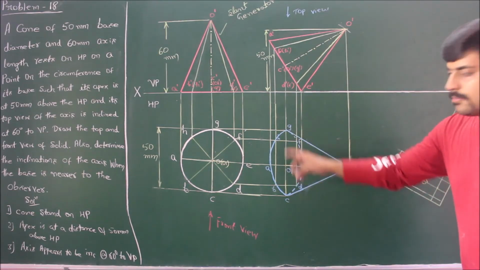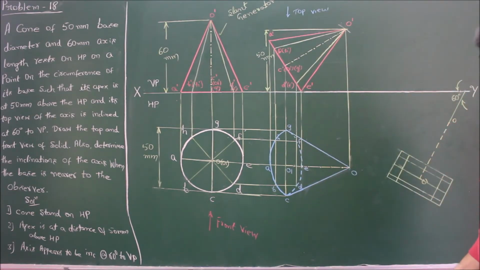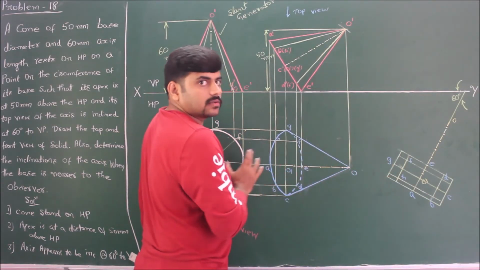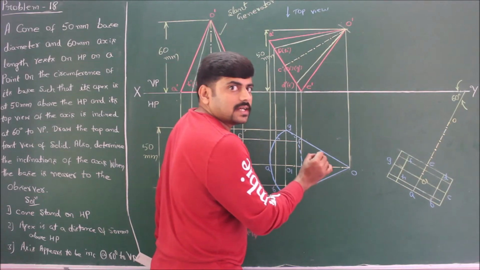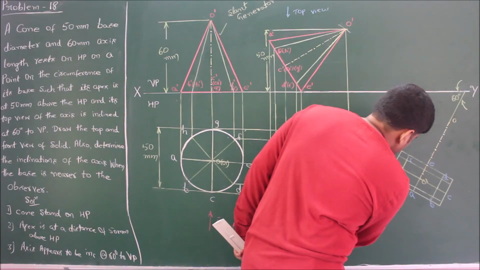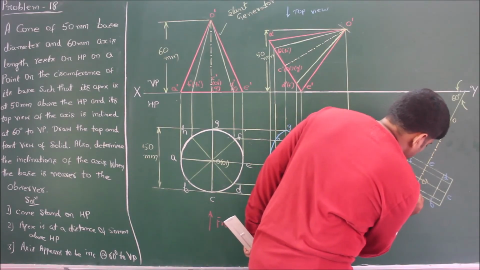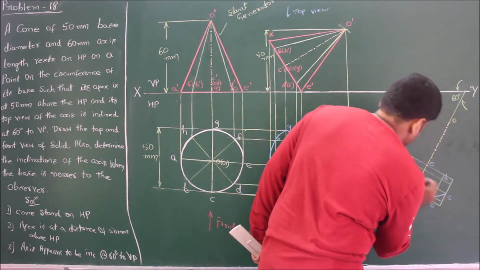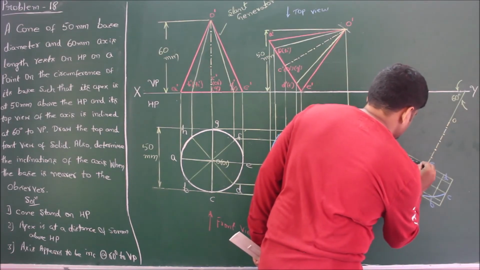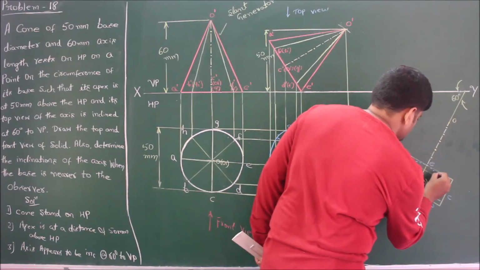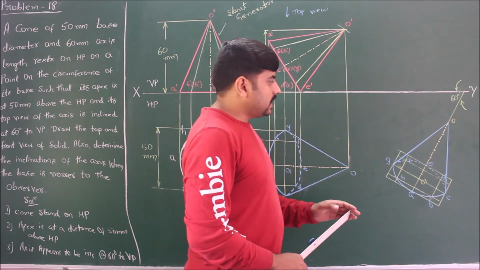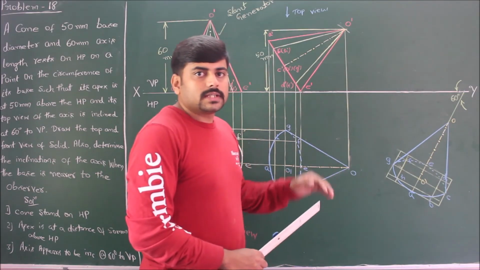Now mark the points on this rectangle. I have transferred the base with the help of constructing a rectangle around the base. Now draw a free and smooth curve. This completes the required diagram in the top view of the third position.